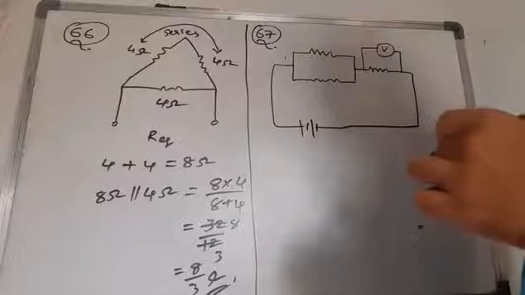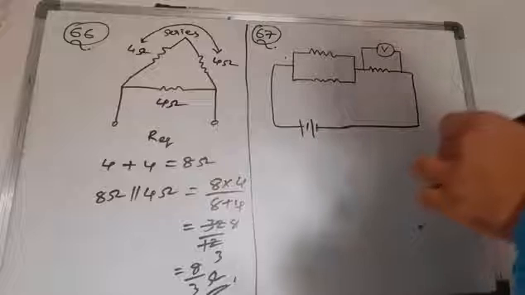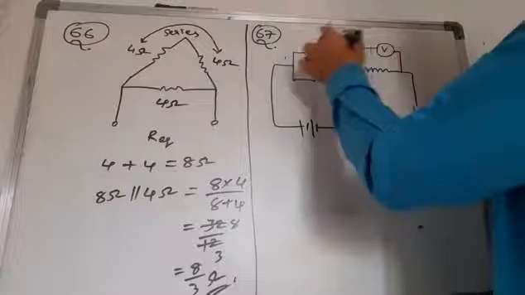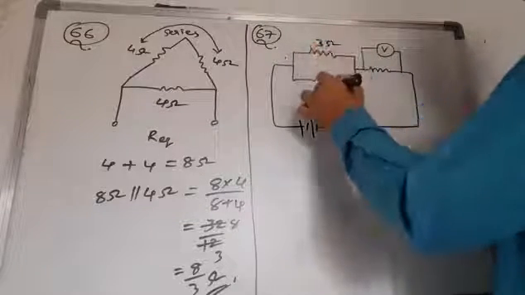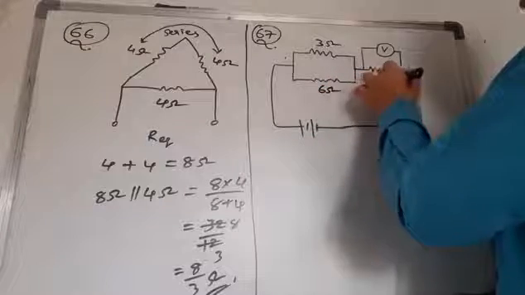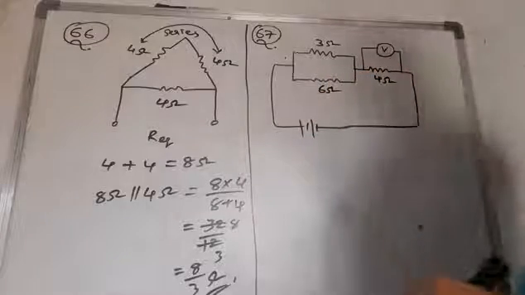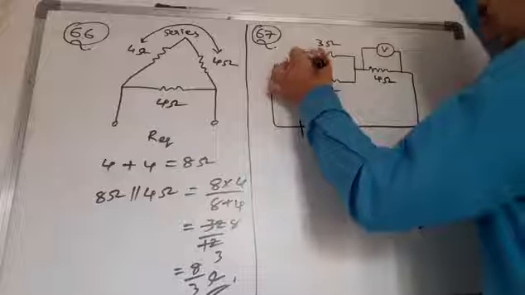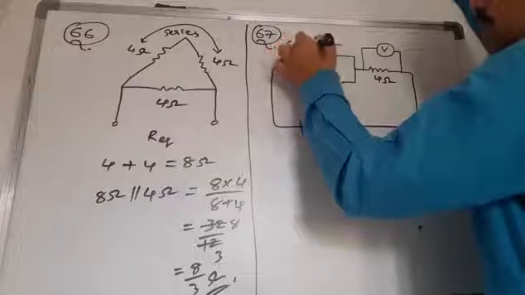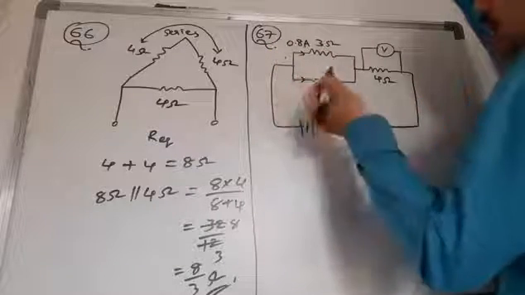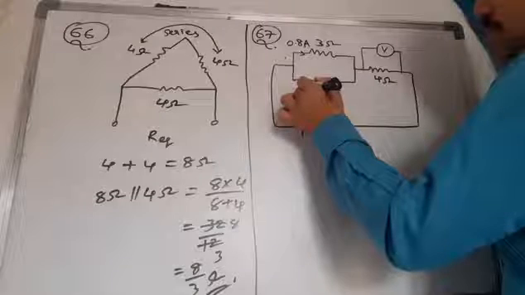So initially the resistors are like this. This is 3 ohms, this is 6 ohms, this is 4 ohms. Okay. The current flowing through this resistor is 0.8 amps. We don't know the current flowing through this resistor.